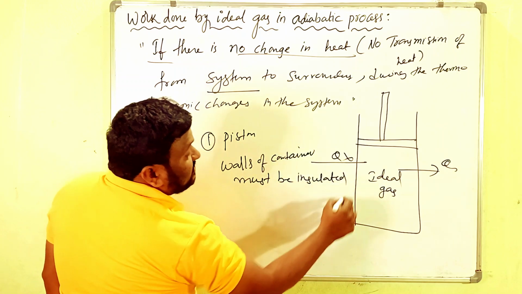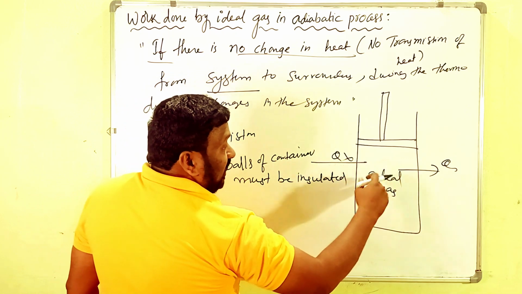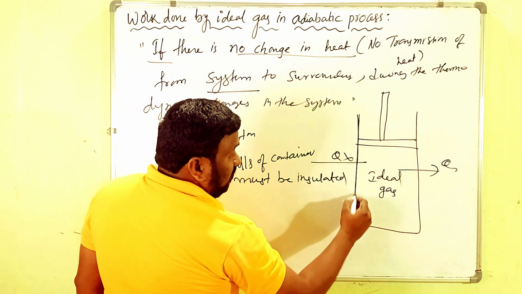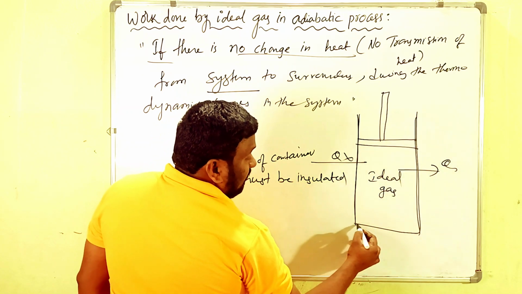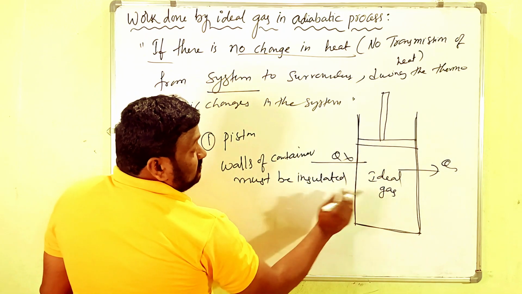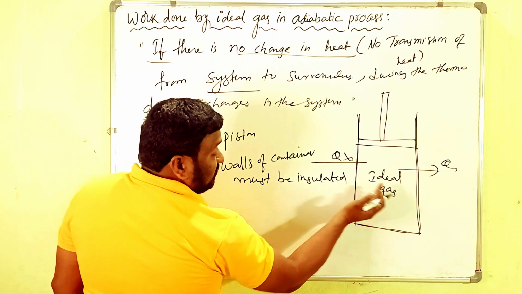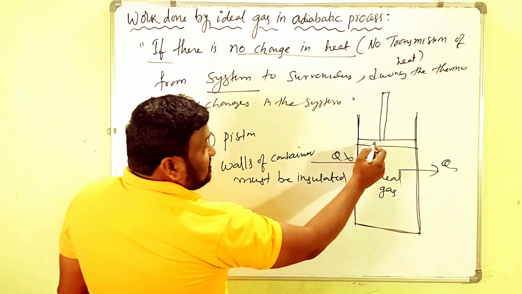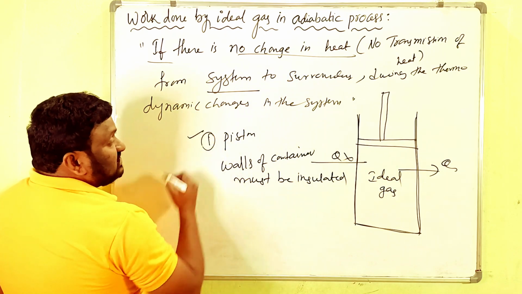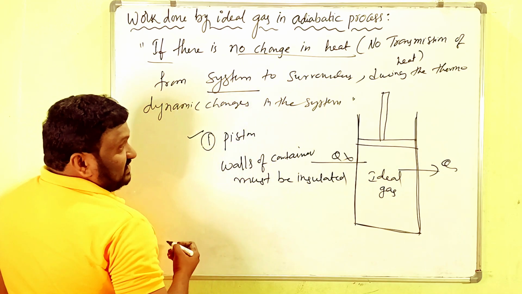Insulated means what, children? They do not allow heat from system to the surrounding or surrounding to the system. The wall and bottom of the container, and the piston also, are insulated. When this condition is satisfied, then the adiabatic process takes place.